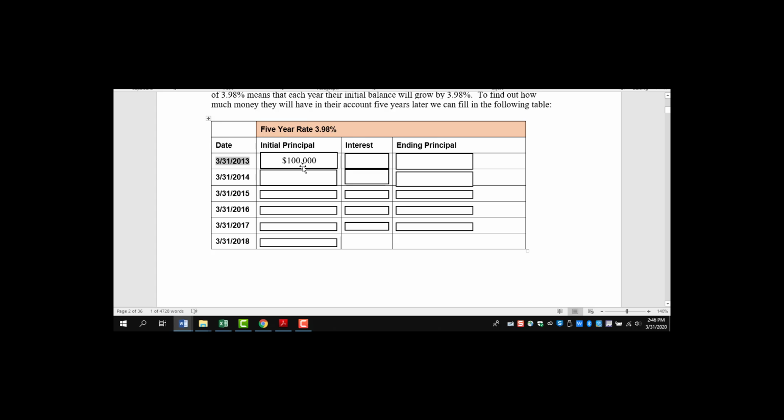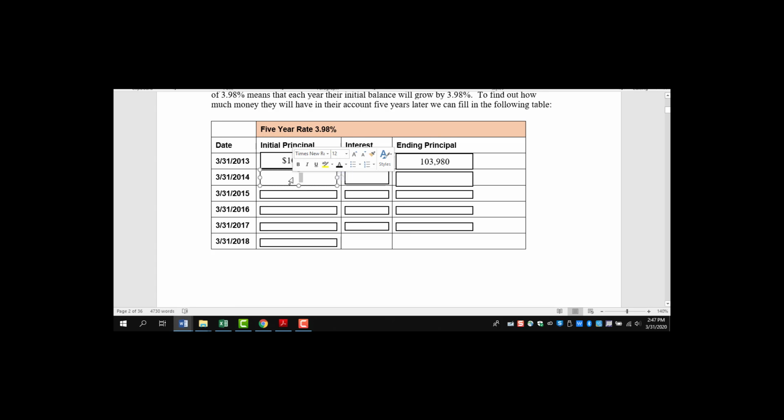So they're going to get 3.98% interest. 100,000 times 3.98 over 100 is 3,980. I did that in my head, so I didn't use a calculator. Their ending balance would be their principal plus their interest, which is 103,980. So that's what they would have after 1 year.